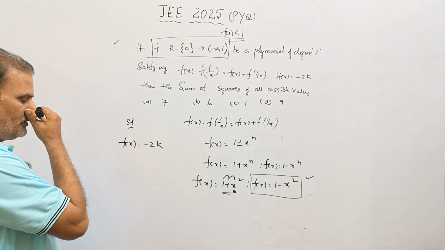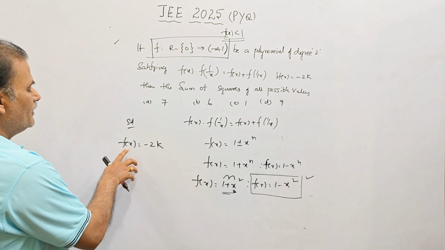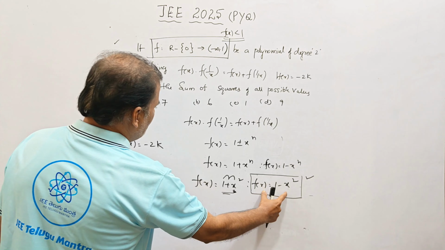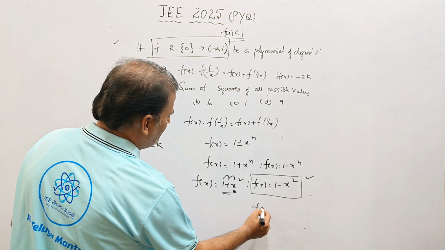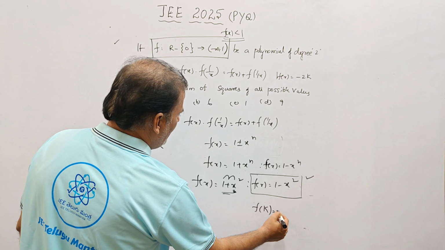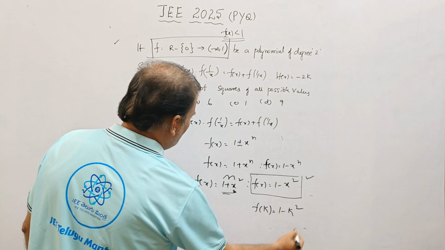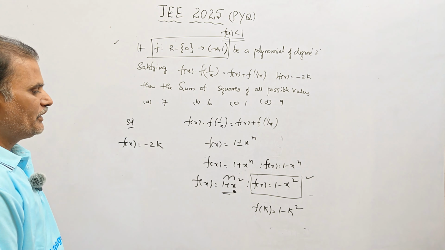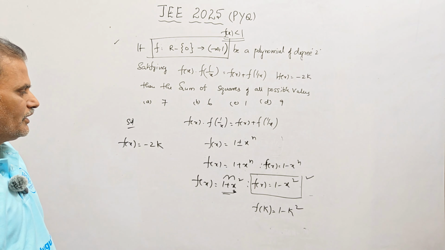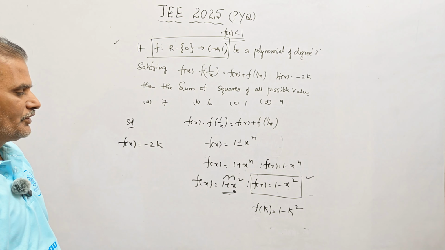Now f(x) = −2k. In the place of x, you replace k. f(k) = 1 − k².